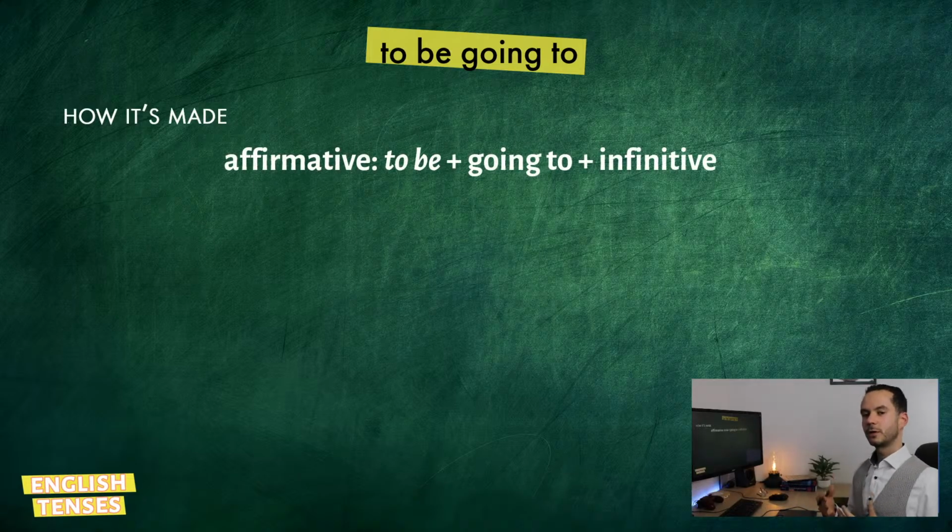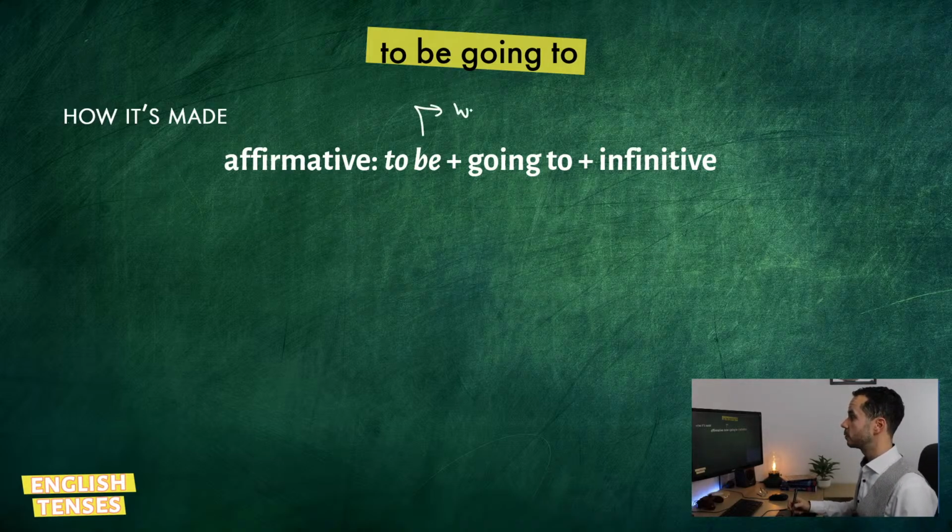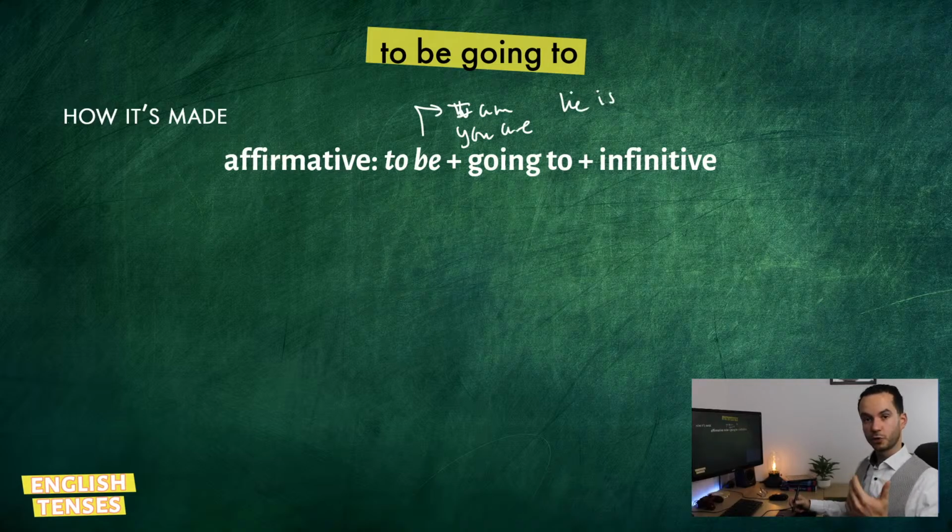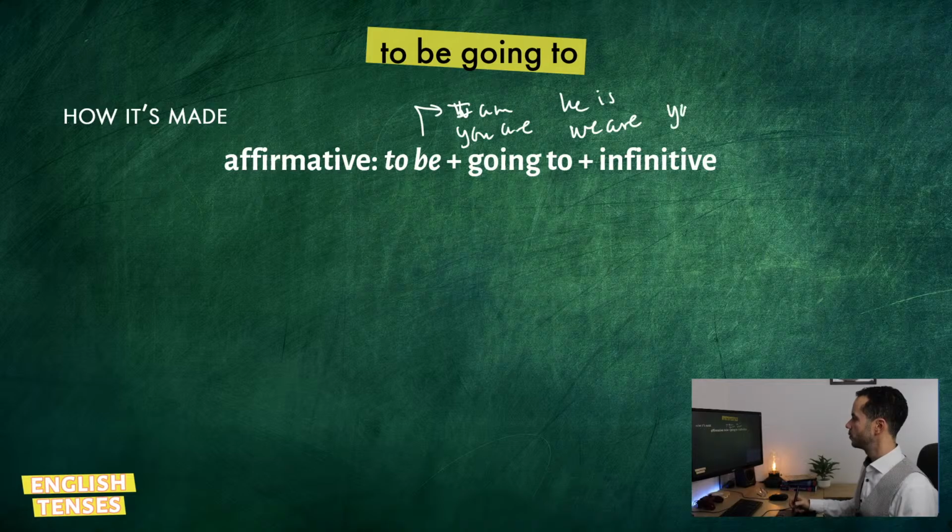So we make to be going to in affirmative sense with a form of to be plus going to plus the infinitive. And as you obviously know, to be is I am, you are, he is, she is and it is, we are, you are, and they are.